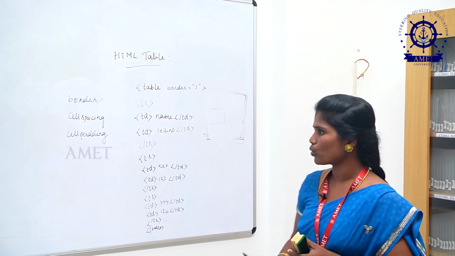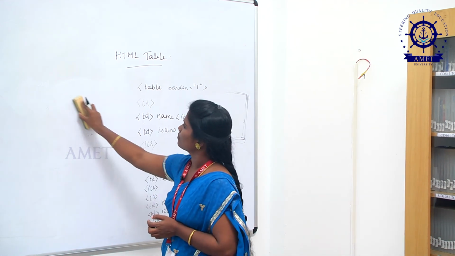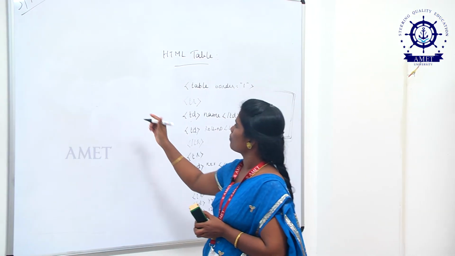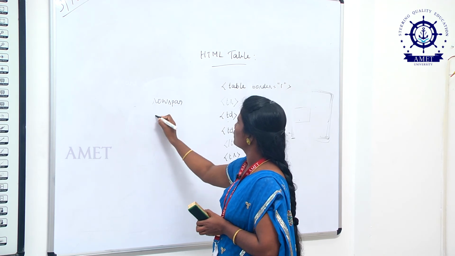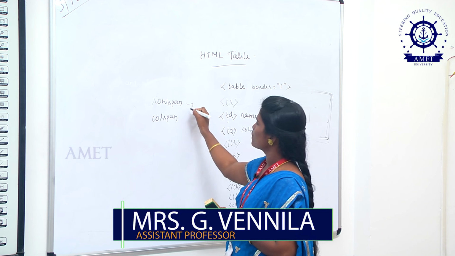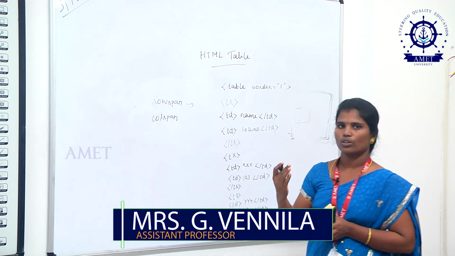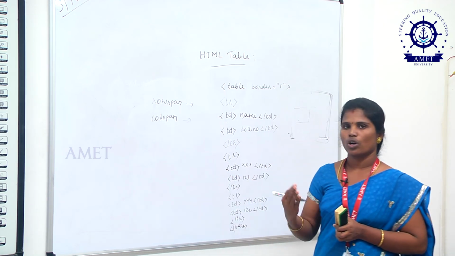You have 2 more attributes. Row span and then col span. So, row span is used to merge rows, and col span is used to merge columns.